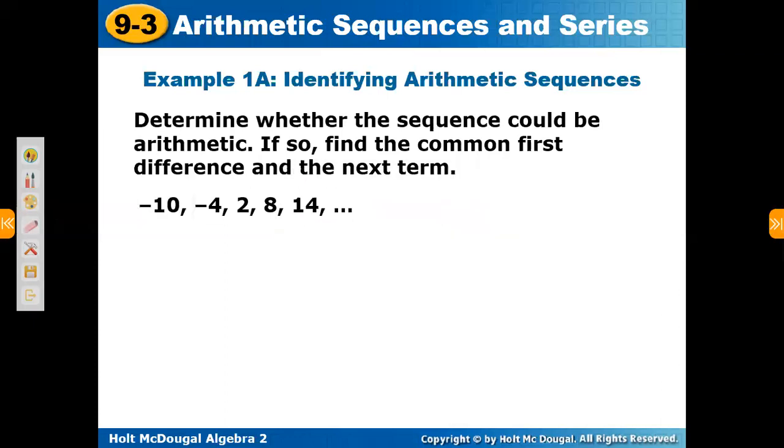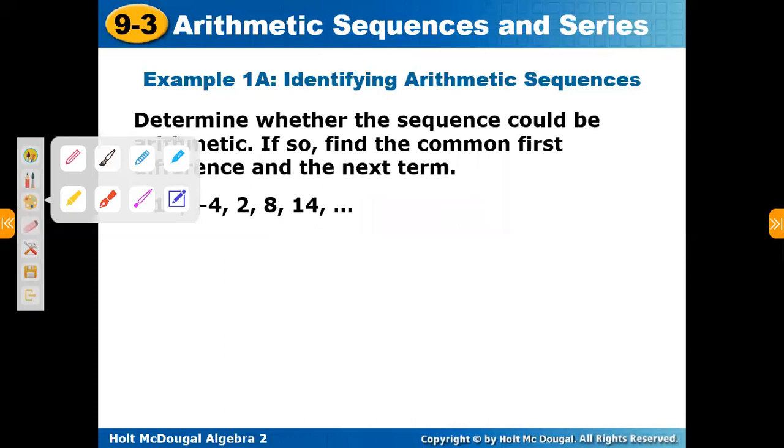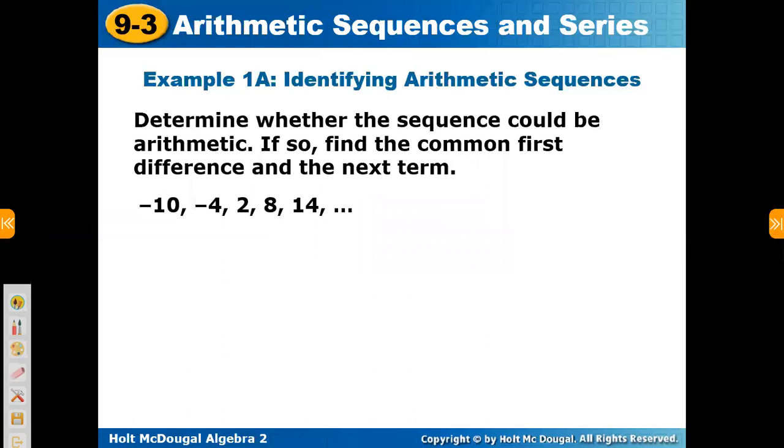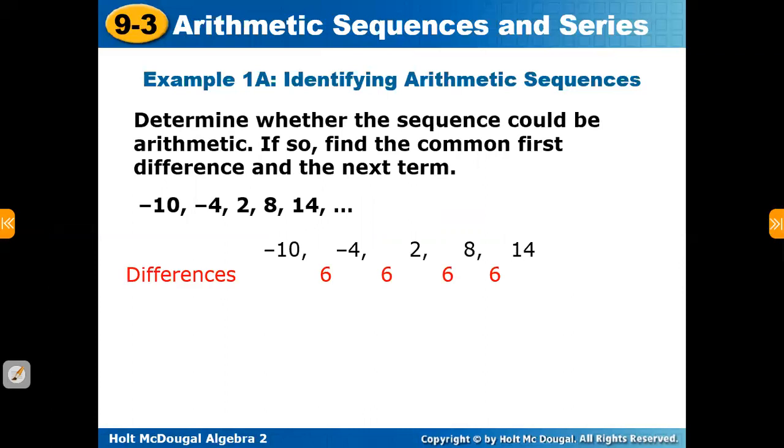So here, the terms are -10, -4, 2, 8, 14. If you see the differences, you will get -4 minus -10, which is -4 plus 10, which is equal to 6.